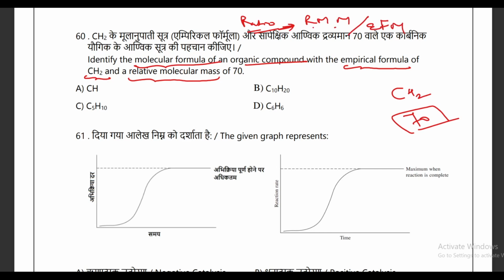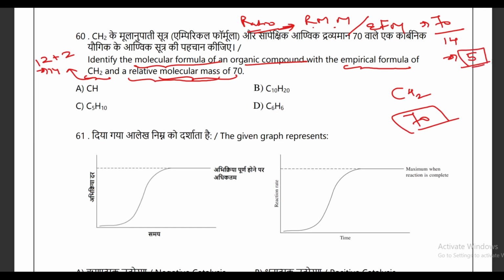The relative molecular mass they are already providing, which is 70, and the empirical formula mass of CH2 is 14. You can calculate: mass of carbon is 12 and 2 for hydrogen, which is 14. When you divide 70 by 14, you will get 5.